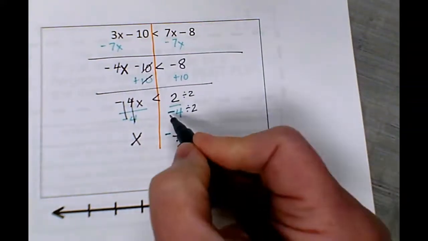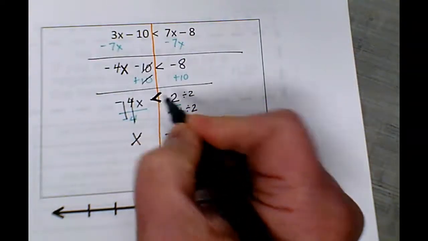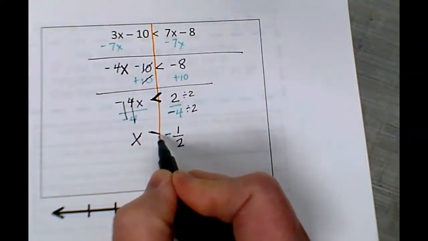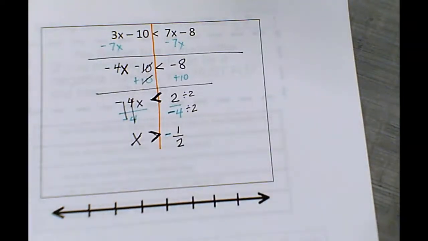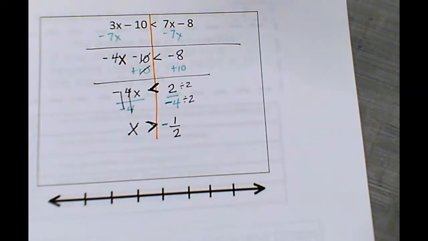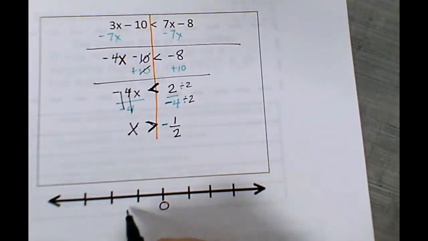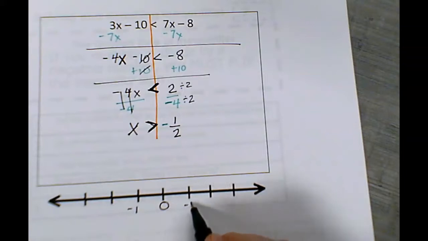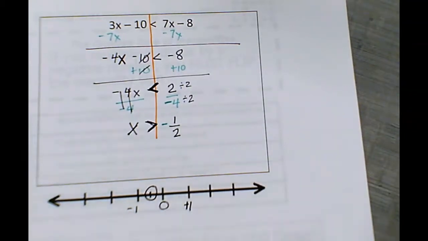I have divided by a negative number, so the golden rule of inequalities tells me that I need to turn the inequality sign around. And so if this is 0 and this is negative 1 and this is positive 1, negative 1/2 would be right here.